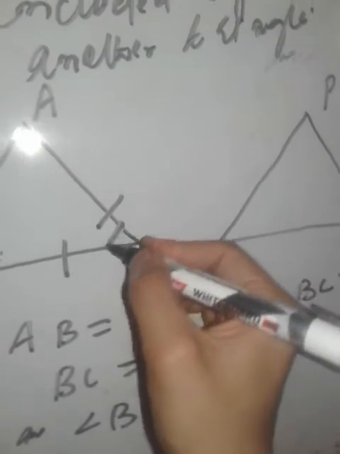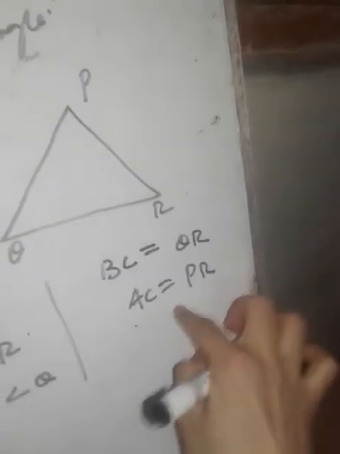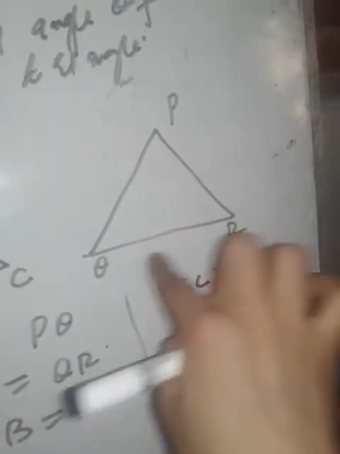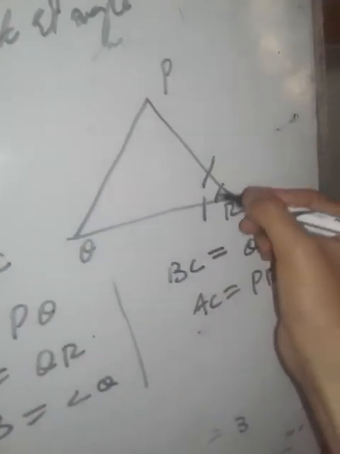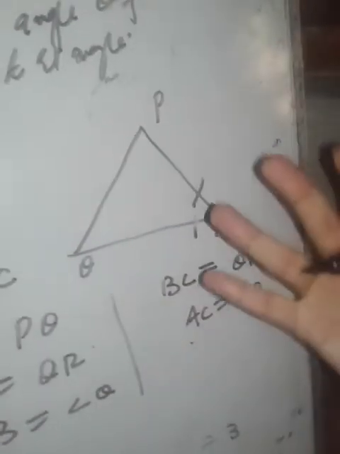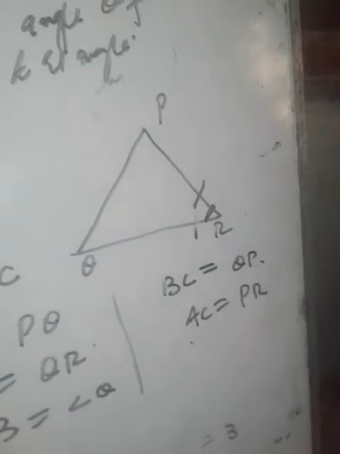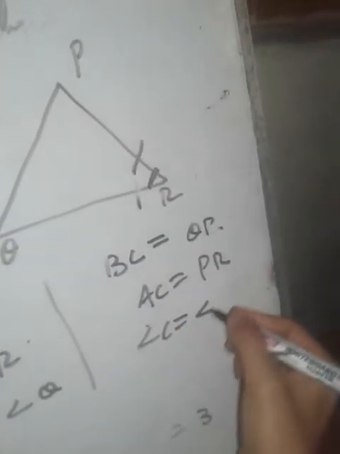Which angle is included between the two sides? This is angle C. Here in the other triangle, QR and PR. Which angle is included between the two sides? It is angle C, angle R. So we write angle C equals angle R.